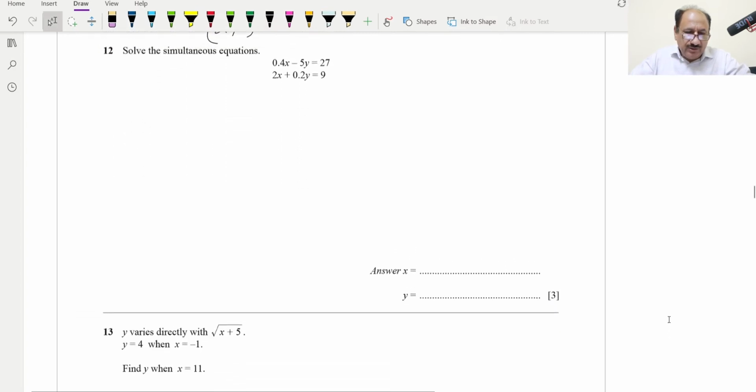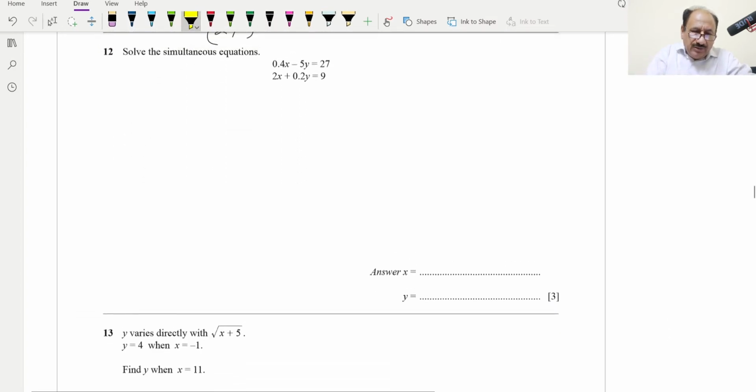Next is simultaneous equation. Solve the simultaneous equation, question number 12. And this is the first equation and second equation. To equalize the coefficients, first equation we multiply by 5, and this implies what?